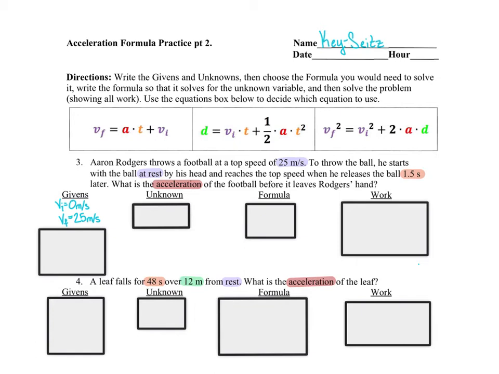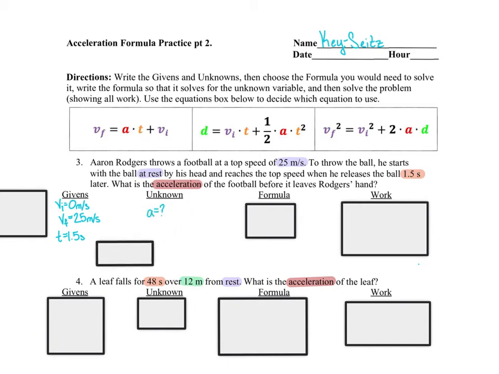Okay, and then it says he releases the ball 1.5 seconds later. So that's our other given. Time is 1.5 seconds. It asks us what is the acceleration. That tells us that we want our unknown to be acceleration. Okay, let's go through our options again for our formula.